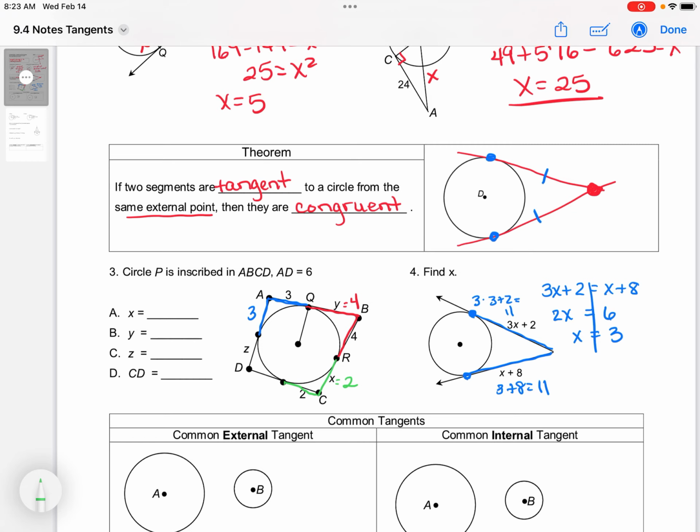And what on earth do I know about Z? So x is 2, y is 4. Because CD does not have to be 4. Do I have to do some kind of right triangle? I don't think that helps me at all.